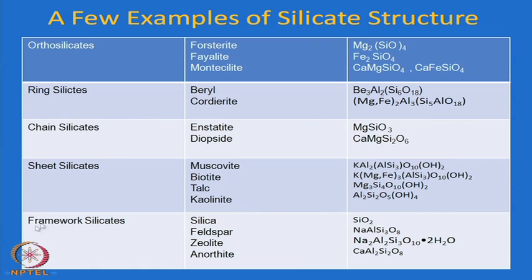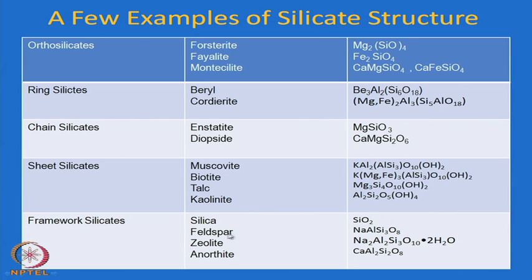In a framework, all the oxygens are shared between silicon, and that is why you have a pure silicate structure, a silica structure, in which there is no other cation.